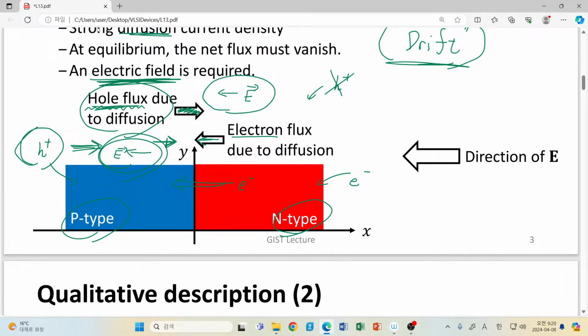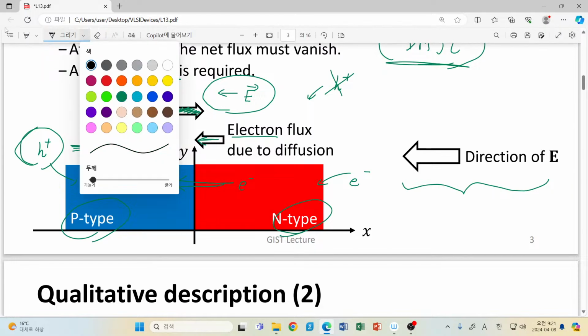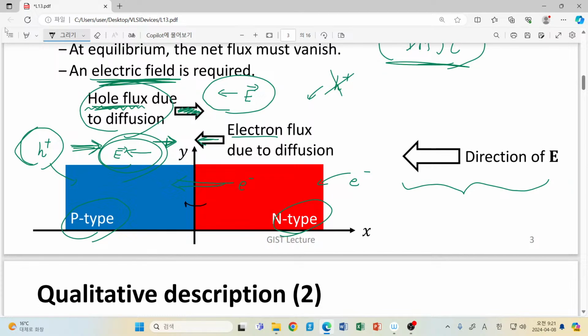So simply speaking, with one single direction of this electric field, we can push both carriers back toward their original region. In this case, we have to assume the electric field heading in this way.